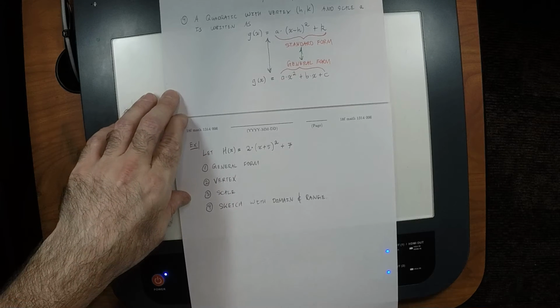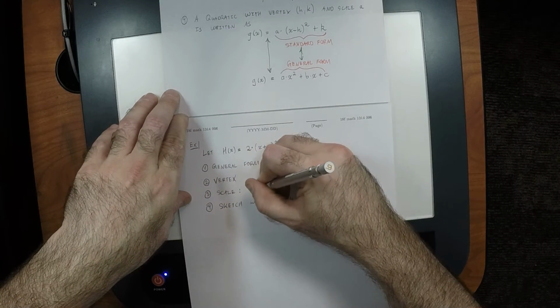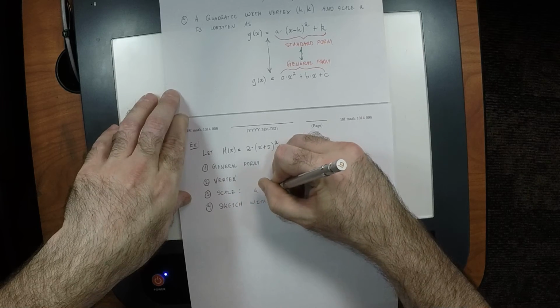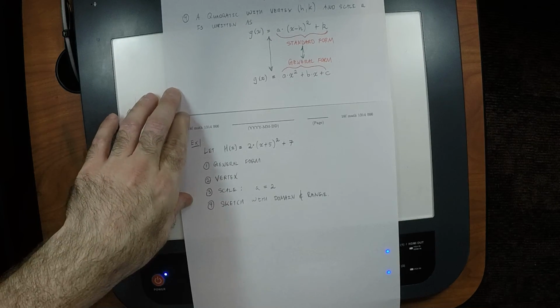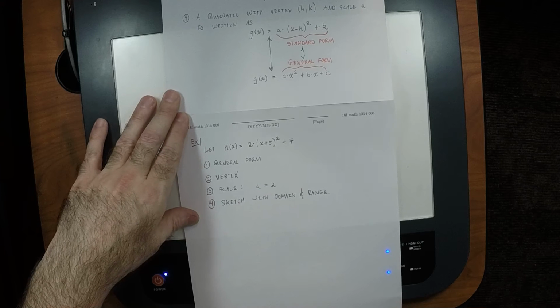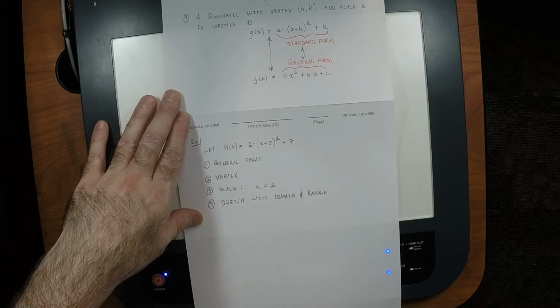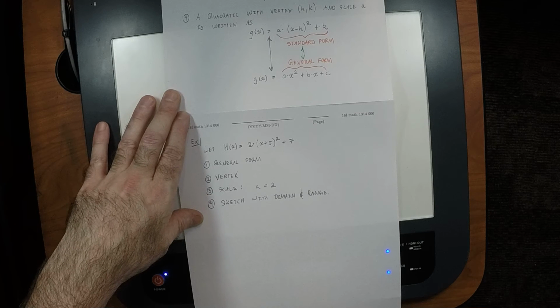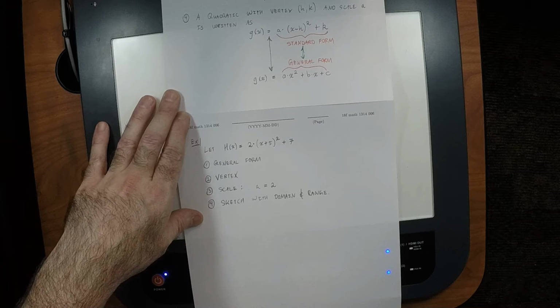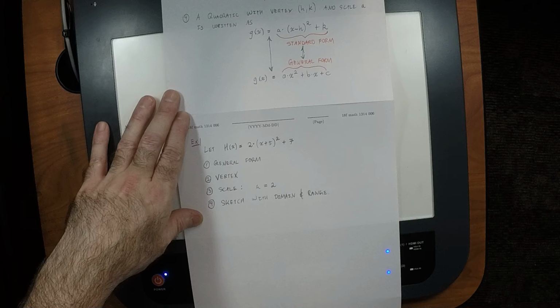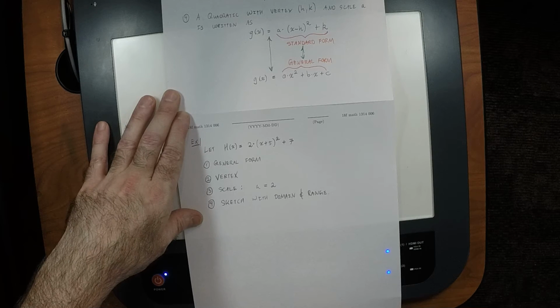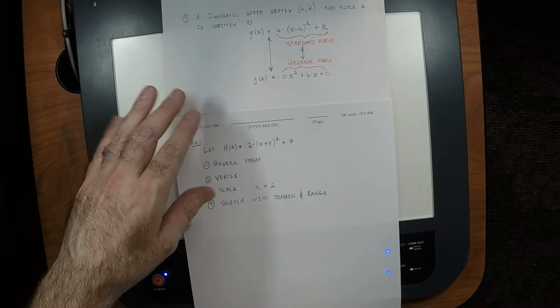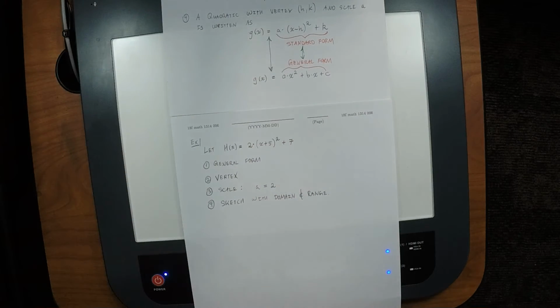So the answer is A is equal to 2. So because the scale is 2, is it going to open down or up? Up, because 2 is positive. And is it going to be vertically stretched out or vertically compressed? It's going to be stretched out, right? Like that, twice as tall.